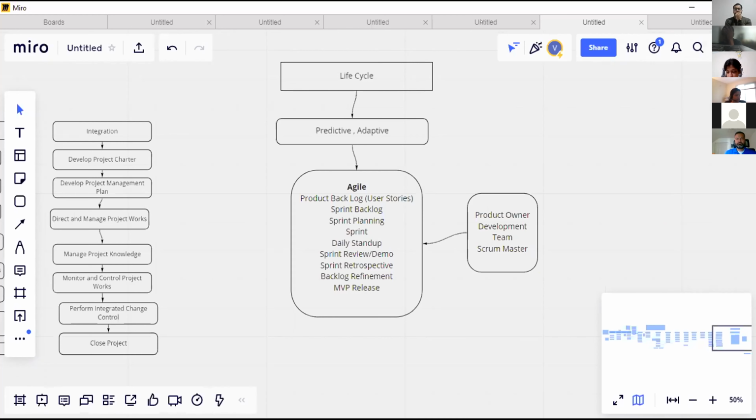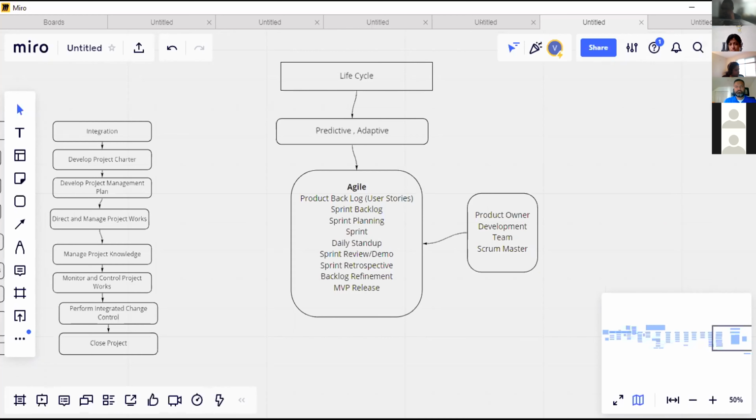So under Agile there will be roles like the product owner, the development team, and the Scrum master. The product owner will be the voice of the customer, and the development team will be the technical team developing the work. There will be 3 to 9 people, and there will be a Scrum master who is a servant leader.